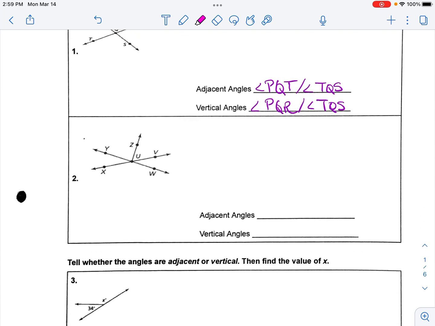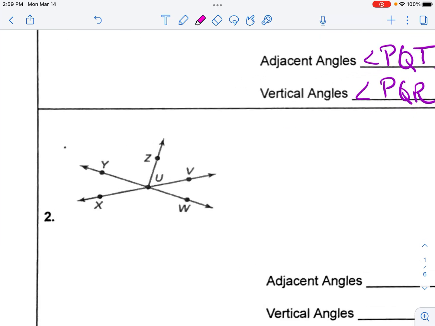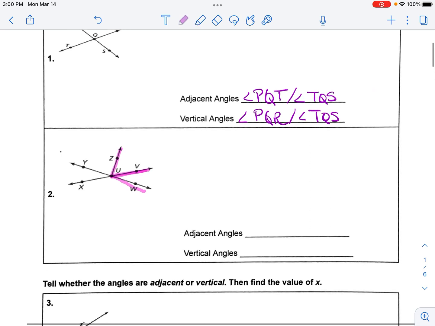Number 2, again, lots of choices. We only have to list one. ZUV can be adjacent with VUW. They share a common side.